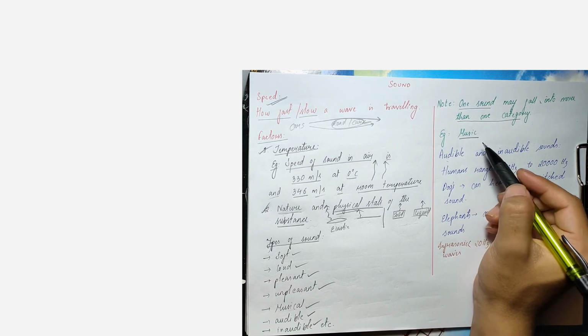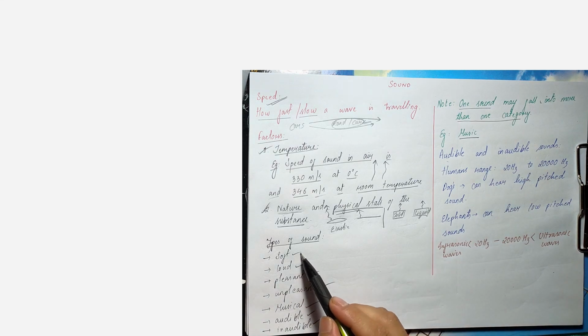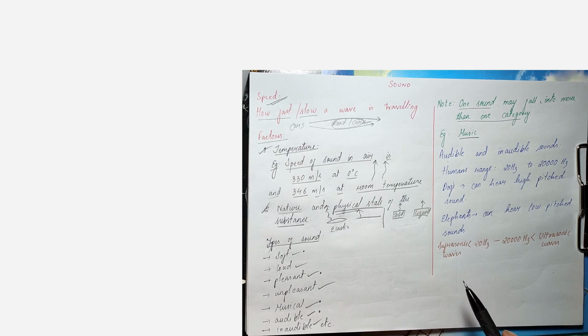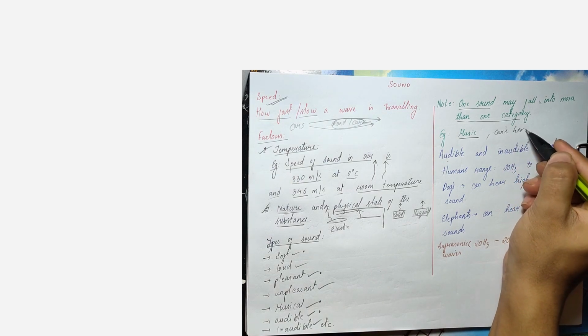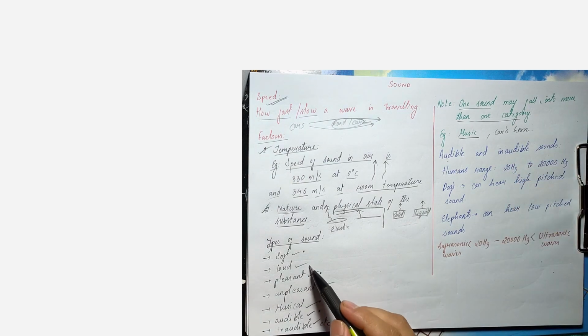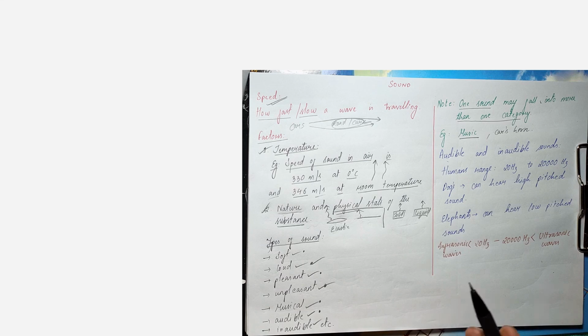For example, music. Now music can be soft, pleasant and musical and audible at the same time. Similarly, a car's horn may be loud, unpleasant, audible at the same time.